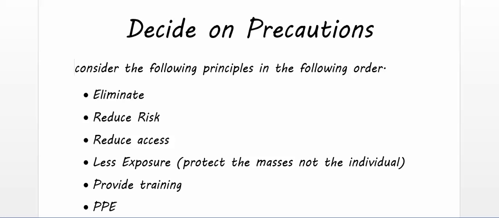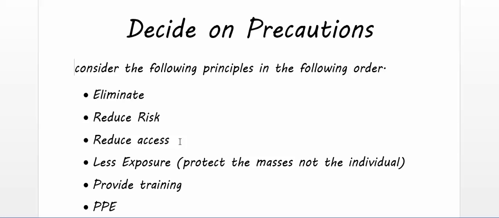Okay, once we've worked out the initial risk level, we need to then work out the precautions. Consider the following precautions in order. There's a list of different precautions below, following the principles of prevention. So the idea is really to eliminate, reduce risk if it's not possible to eliminate it, reduce access to it.